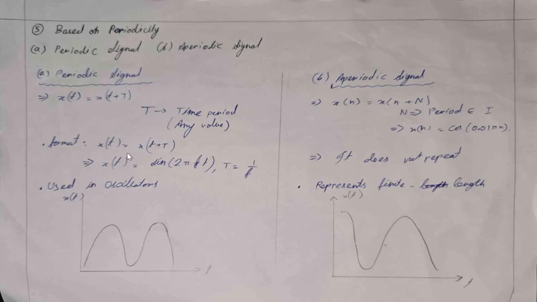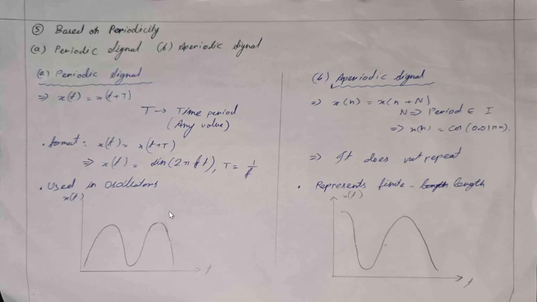Format: x of t is equal to x of t plus capital T. So x of t is equal to sin 2 pi f t, T is equal to 1 by f, where f is frequency. After adding T, the function repeats its value, which means after the addition of the time period, the value remains the same.